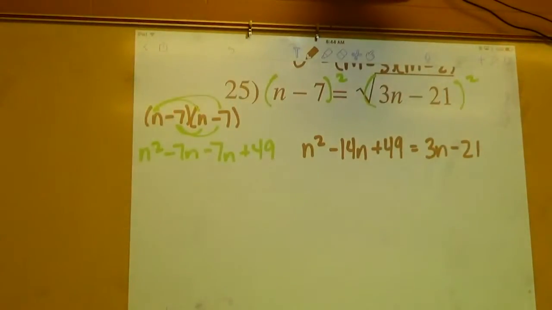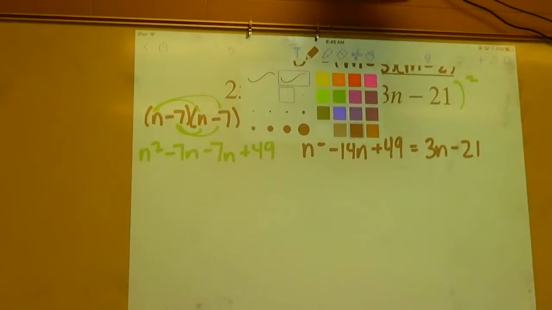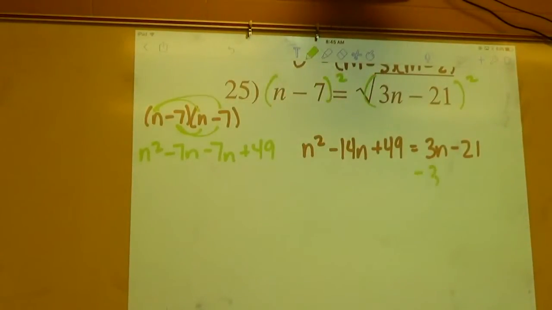All right then, what do I do now? Well, you move the 3n and the 21. Good, I move the 3n and the 21 over. So minus 3n plus 21 minus 3n plus 21. So I'm going to get n squared minus what?